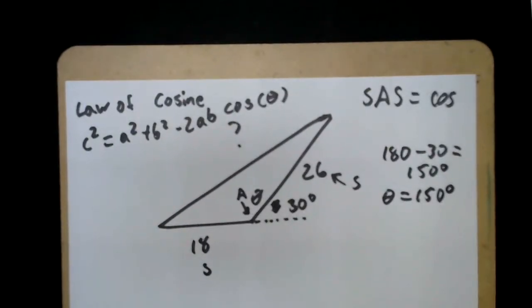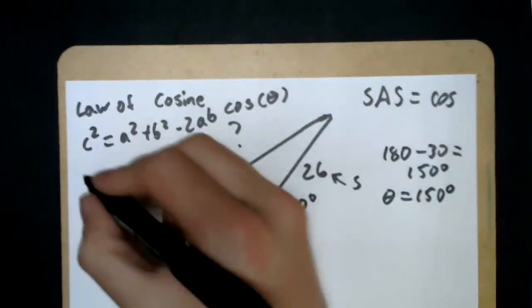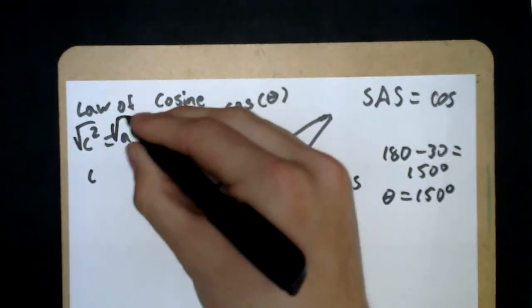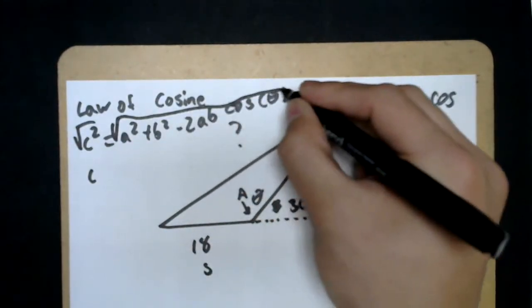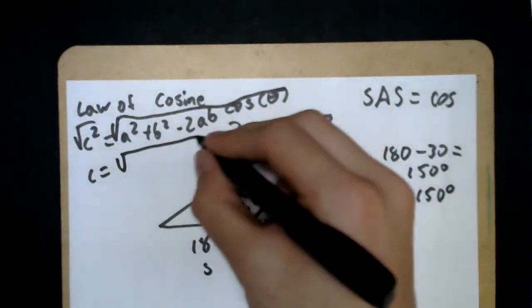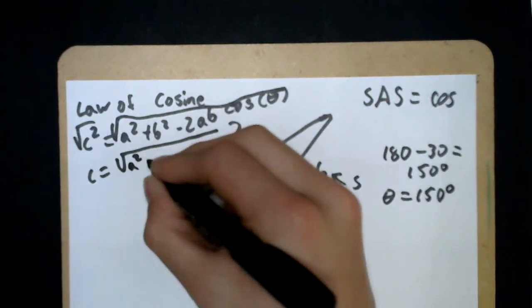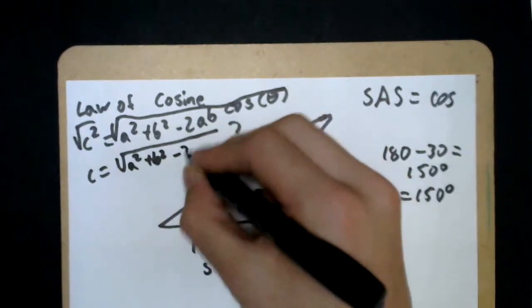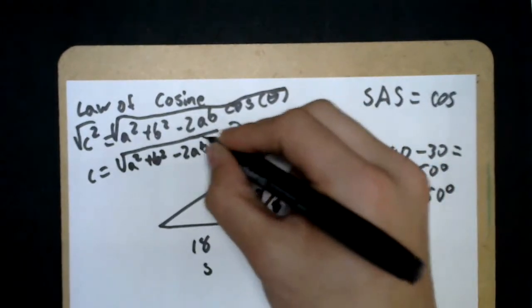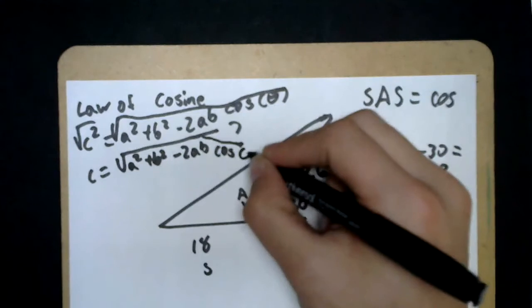On the ACT, they're not going to ask you for a specific answer. They most likely will give you the answer in this form and just have C be solved, and they'll just have this be square rooted. So C equals the square root of a squared plus b squared minus 2ab cosine of theta, all under the square root.